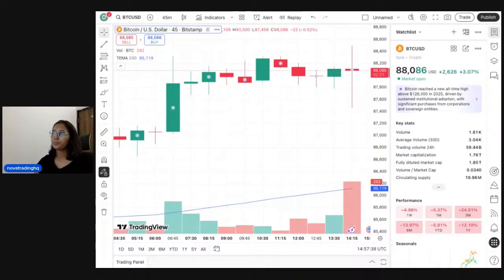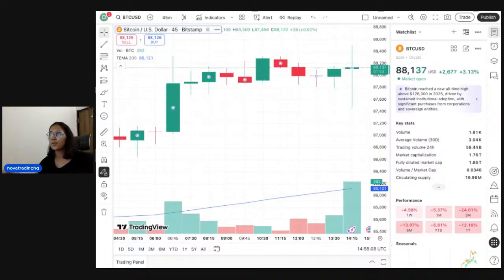I think for this to stop being an uptrend, if someone asks me what would break this uptrend, you would need any one of these points above.